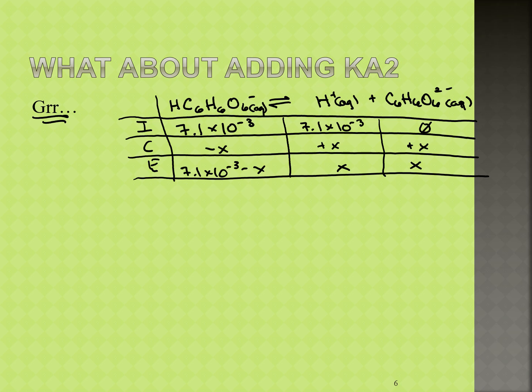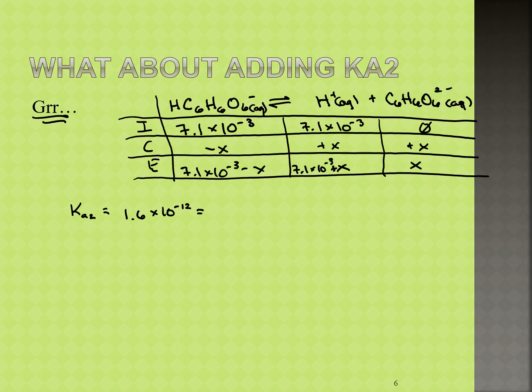All right, so now if I want to solve for Ka2, Ka2 is given to us as 1.6 times 10 to the minus 12th. That is equal to, oops, and this should be 7.1 times 10 to the minus third plus X. Oops, I forgot that.